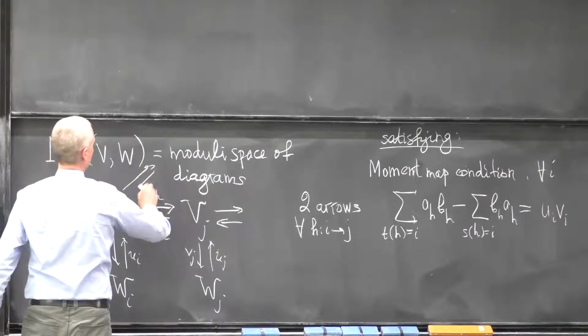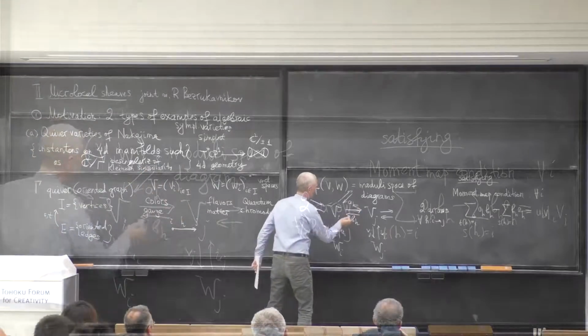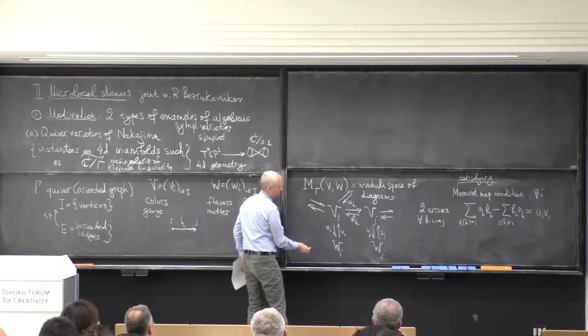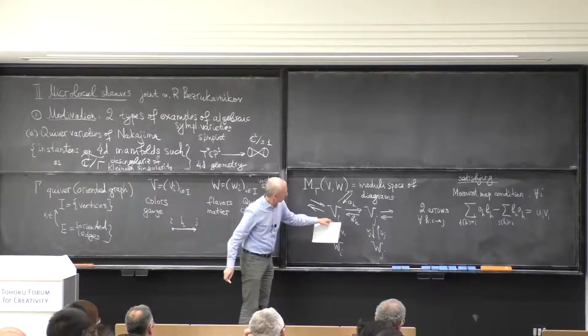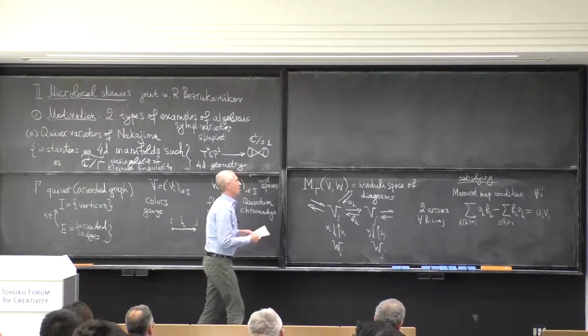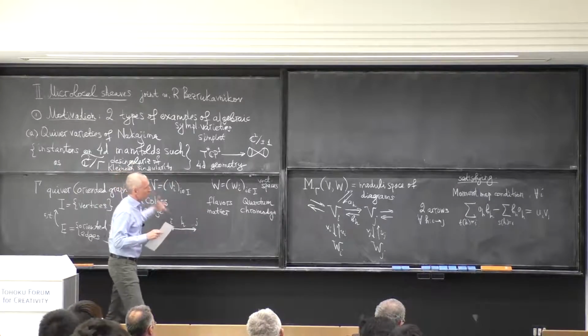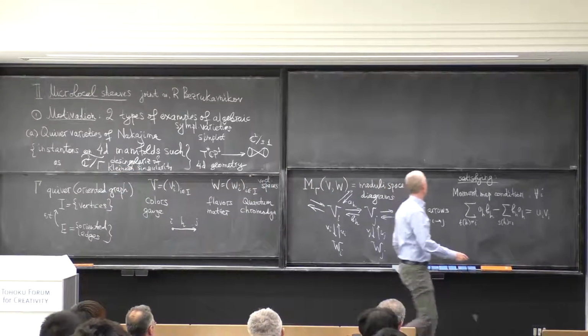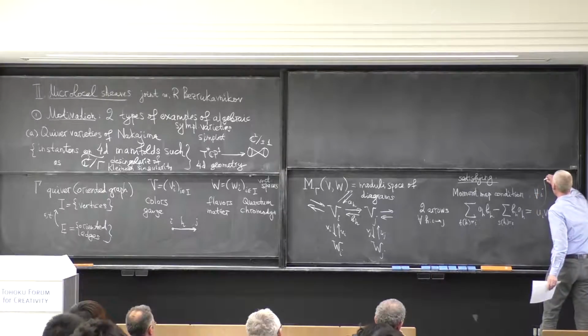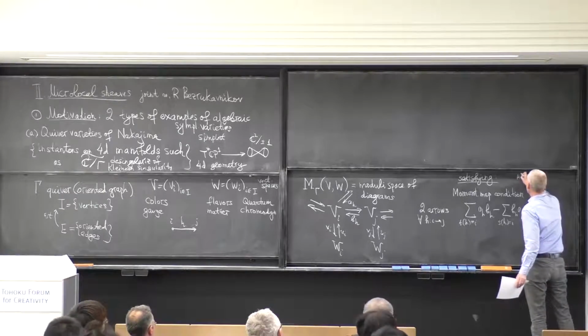So there may be several things like this. So the sum of all of this minus the other is equal to going this way and this way. And in these examples related to instantons, this relates to the ADHM condition, for instance.